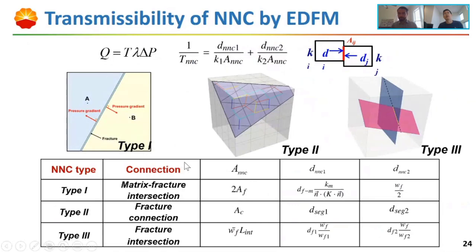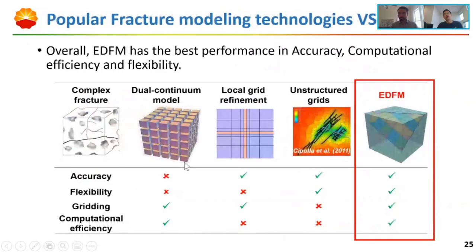Overall, the EDFM has the best performance in terms of accuracy, computational efficiency, and flexibility. Right now, a lot of people really like unstructured grids. This method can capture very complex fracture geometry. That's true.